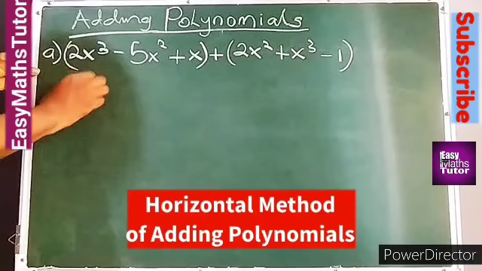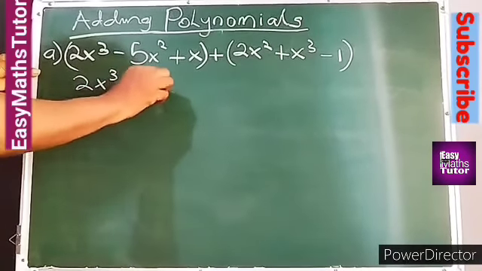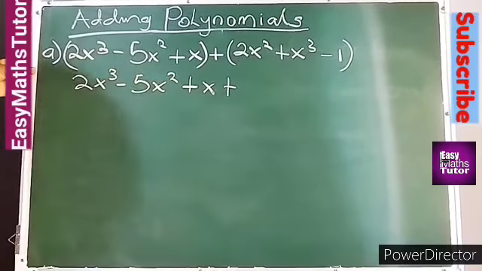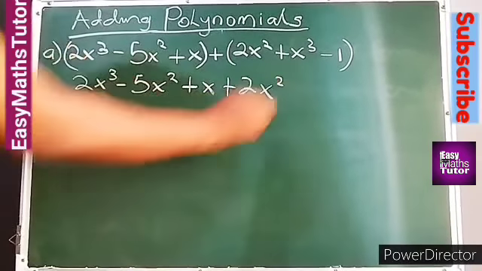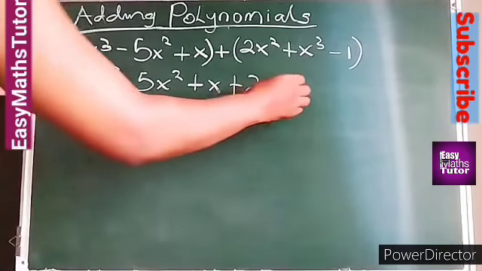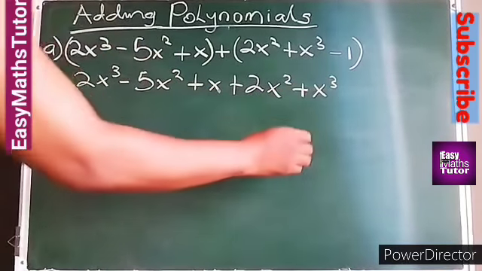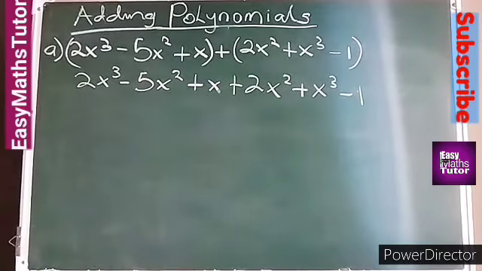So we'll have 2x cubed minus 5x squared plus x plus 2x squared plus x cubed minus 1, right?